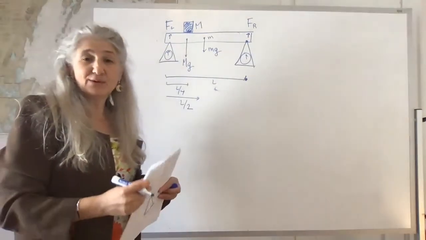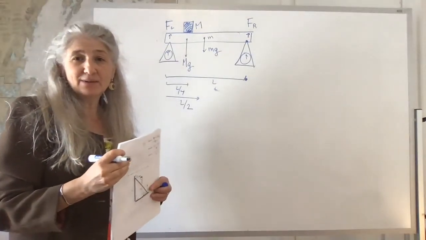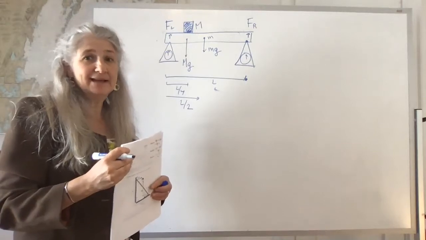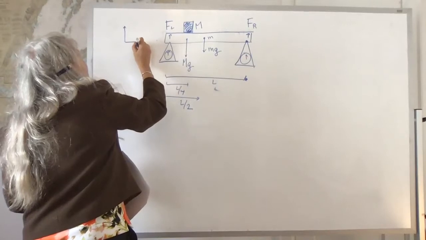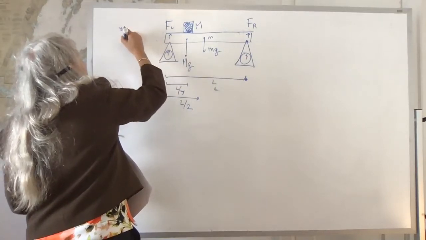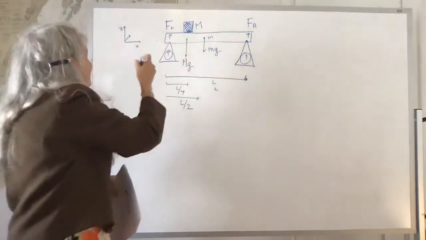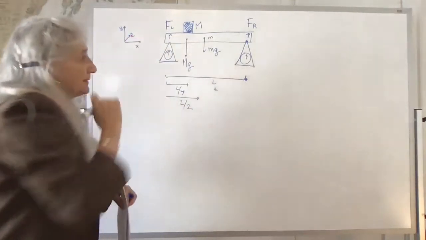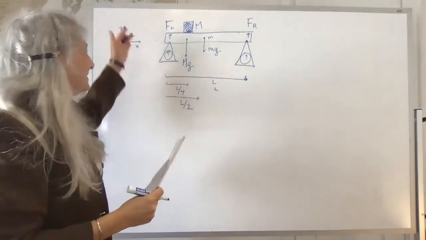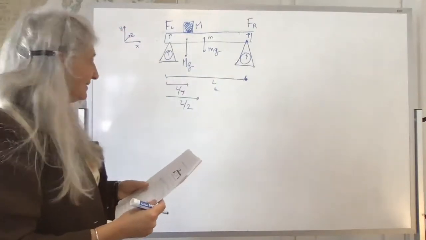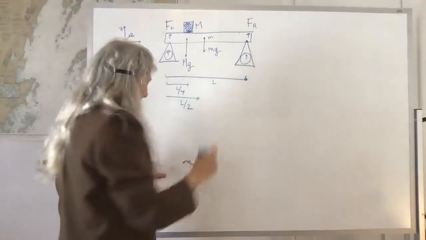In order to keep track of signs when I'm computing torques, it's handy to define a coordinate system. I'm going to pick a coordinate system that looks like this. The Z will be in that direction, and I'm going to take up to be Y, just a convenient, right-handed coordinate system.